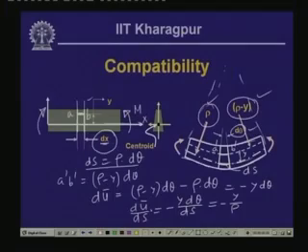So, if we substitute that, this gives you the extension du over the original length dx, and as we know the extension over the original length, we have defined that as strain. So, this is nothing but the strain along the axial direction or normal to the cross section. So, we call that a normal strain. So, normal strain is equal to minus y by rho.